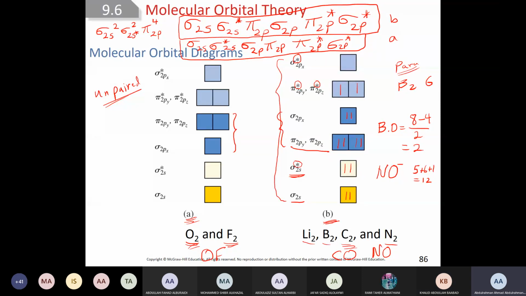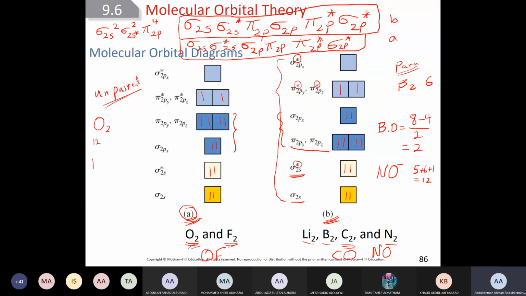Very good. Now let's do it for O2. How many electrons do you have for O2? 12. Which shape am I going to use, A or B? A. Yes, now I have to use A. Okay, distribute the 12 quickly. 1, 2, 3, 4, 5, 6, 7, 8, 9, 10, 11, 12.